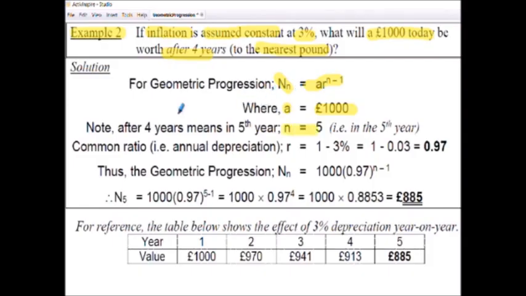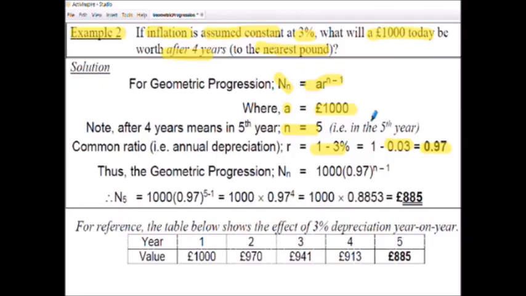Now the inflation is a depreciation, an annual depreciation. To find the r factor here, what we will do is have 1 take away the inflation rate, 1 take away 3%. Don't forget 3% is actually 0.03 as a value. So 1 take away 0.03 gives me 0.97. So that's the common ratio. For each year, the sum of money is multiplied by 0.97 to get the value in the next year.